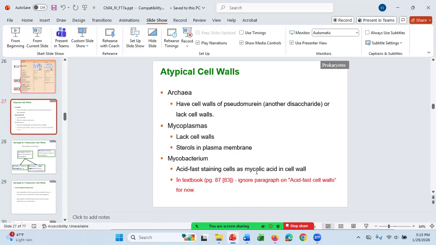And then the mycolic acid also prevents water inside the cell from leaving the cell, giving the cell an acid fast staining property because of all the mycolic acid. It allows the acid fast stain to come in and then it gets stuck in the cells because of the mycolic acid. All right, any question about these atypical cell walls?